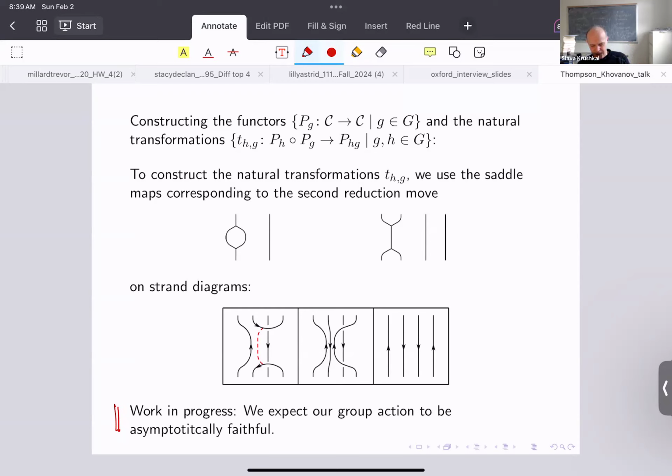And what we're working on right now, we expect this to be true, that if you have 2 group elements, G and H in the Thompson group, we expect that their action is going to be different asymptotically on this category. So there is a parameter here, which is the number of endpoints on the top and the bottom of these tangles. We can choose that, and we expect that asymptotically, for sufficiently large K, these 2 group elements will have different actions on this category that we constructed.